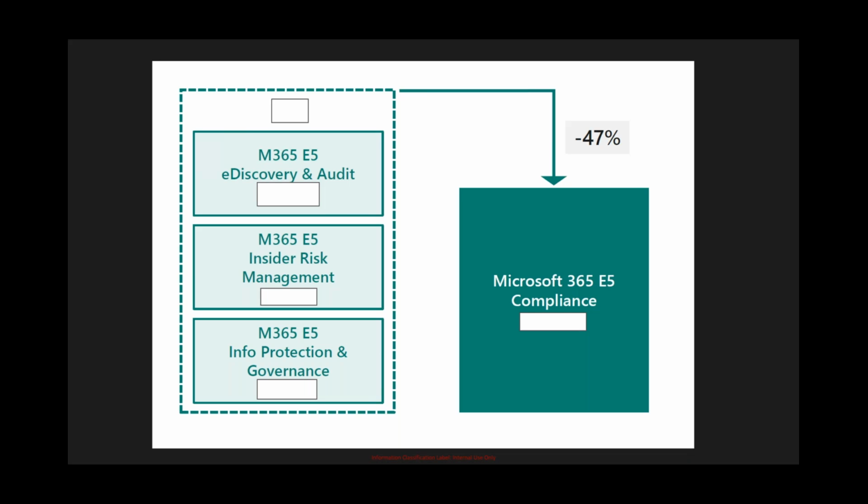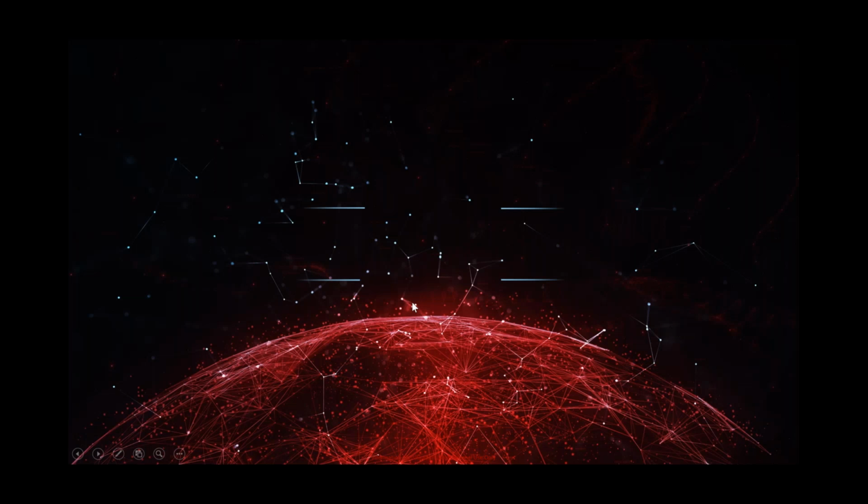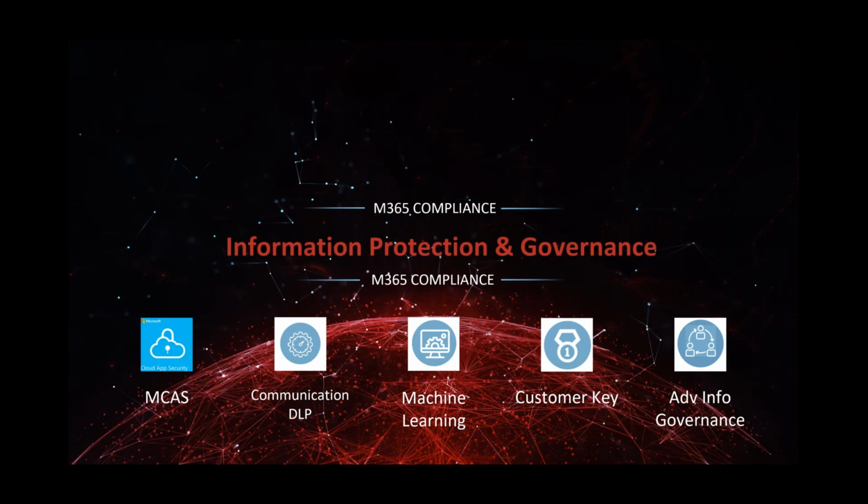Commercially speaking, Microsoft's general rule is that once you're buying two of the components within a suite, or two of the larger suites within an even larger suite, that's going to justify buying the larger one. Once you're doing more than 50% of the component parts, the larger suite becomes a better commercial offer.